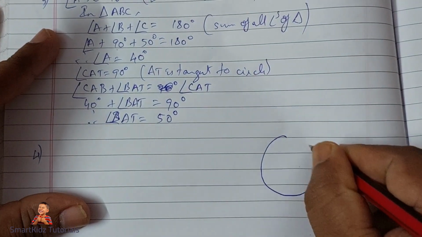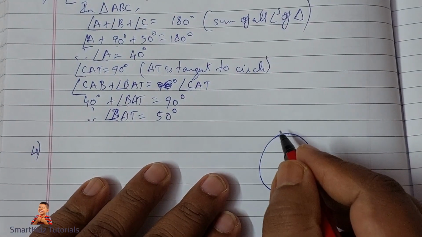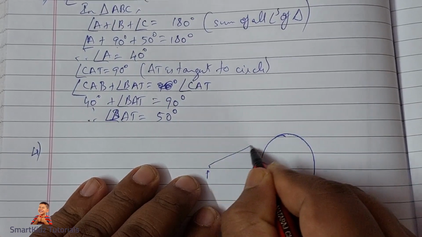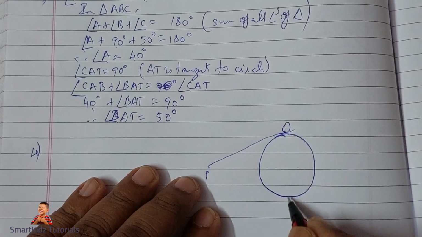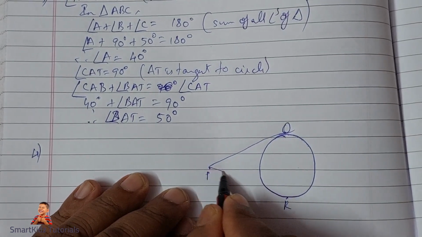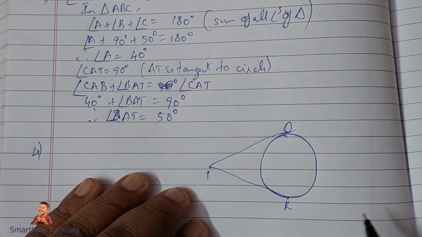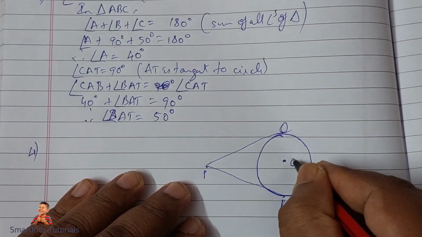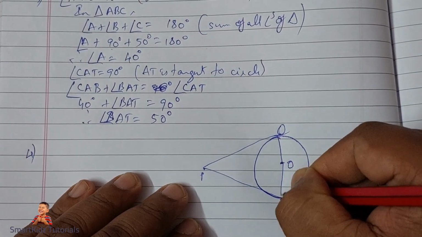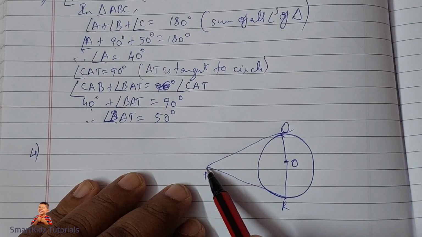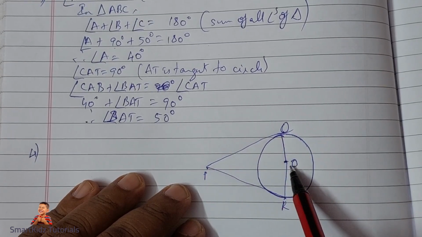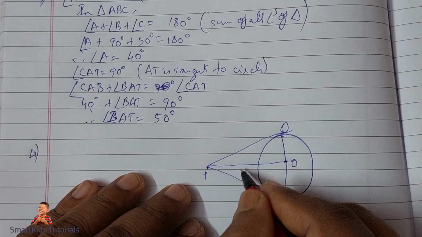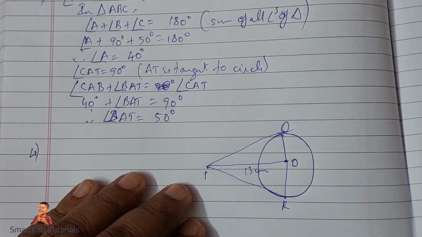Okay, so here is the circle, and then there is a point P somewhere here. Let's say there are two tangents, one at Q and one at R over here. There is a center over here, and we'll take that as O. We'll draw this, so that completes our quadrilateral with vertices P, Q, O, R. This line OP we are given as 13 centimeters.